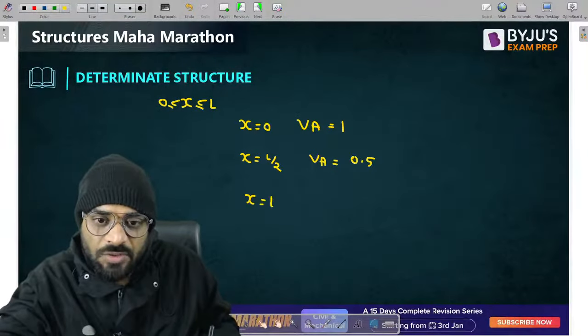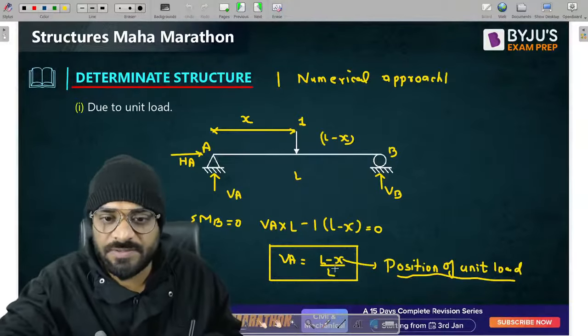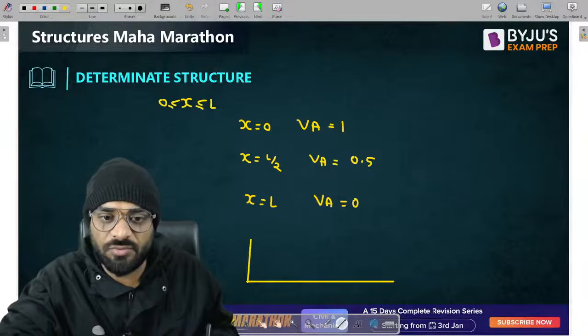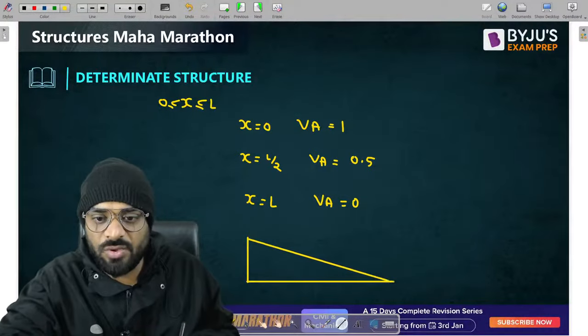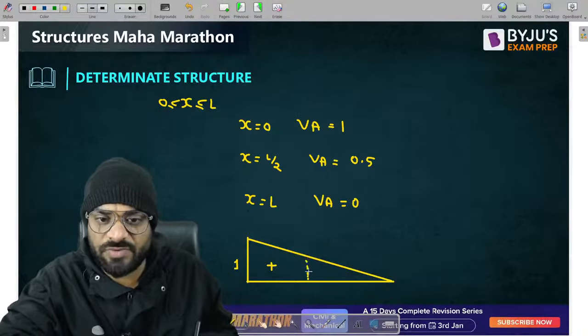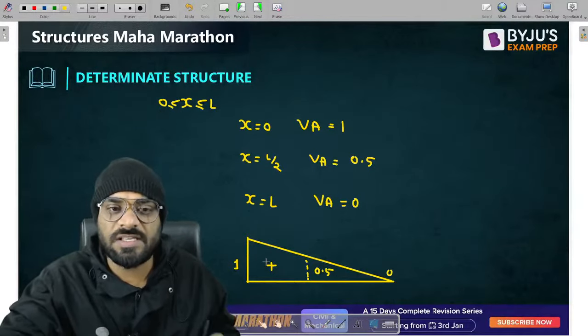If X is equal to L, VA is 0. Now if you draw this variation, the value of VA is 1 when X is 0, 0.5 when X is L by 2, and 0 when X is L. So this is the ILD for VA.